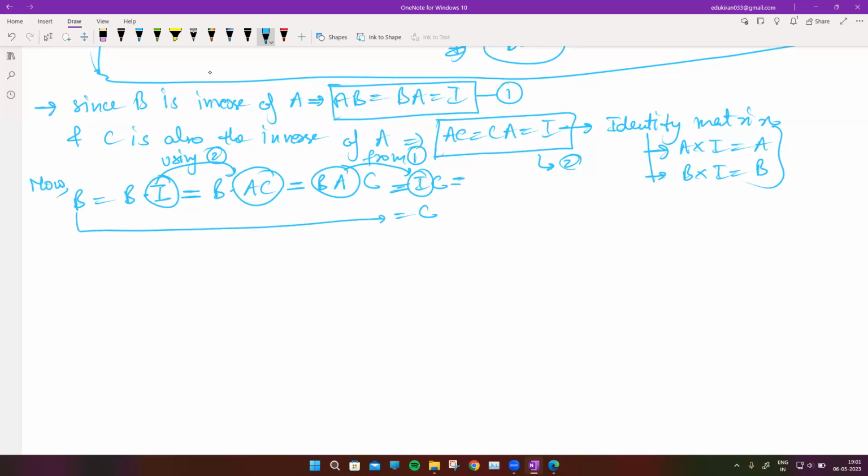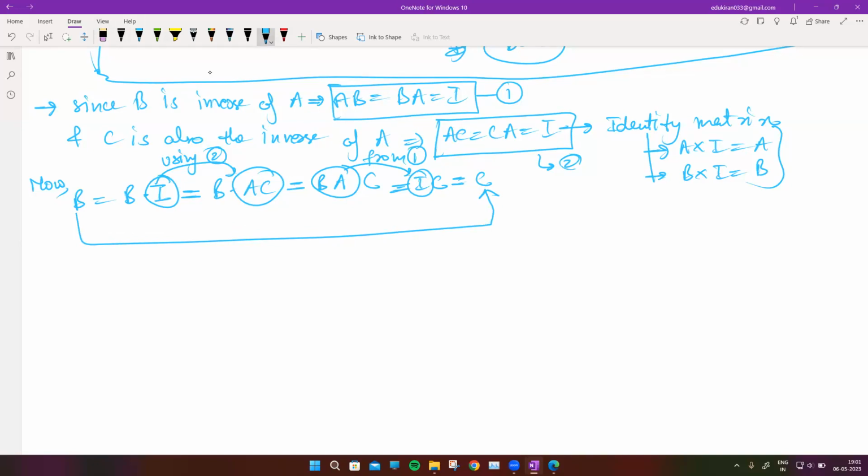If there is any scenario in which we are taking two different matrices, then we are assuming it wrong. Actually, they are not two different matrices, they are the same matrix. So we can easily show this using the simple algebra of matrices, using the property of identity matrix and the property of inverse, both of which are given.